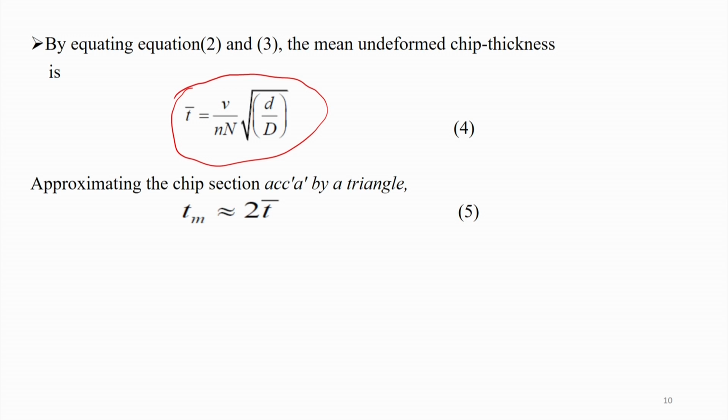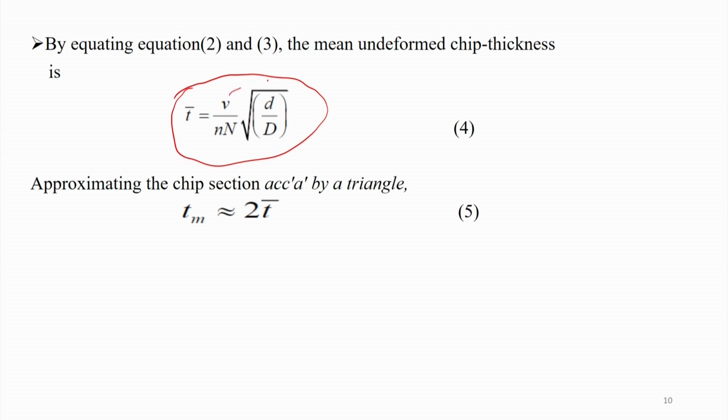And of course, chip thickness will be reduced if the number of teeth are more, and RPM is more, and naturally if the table velocity is more, then the chip thickness will be this one.